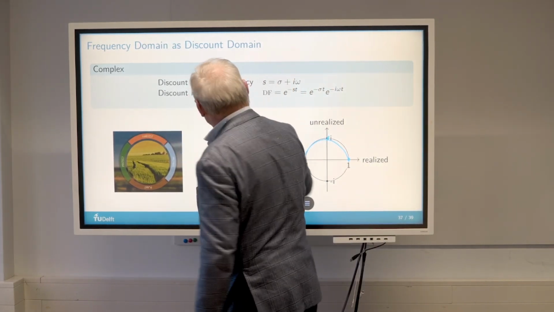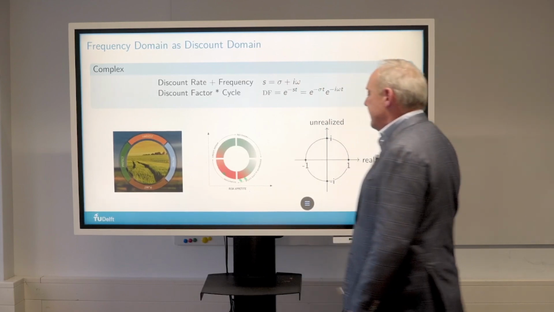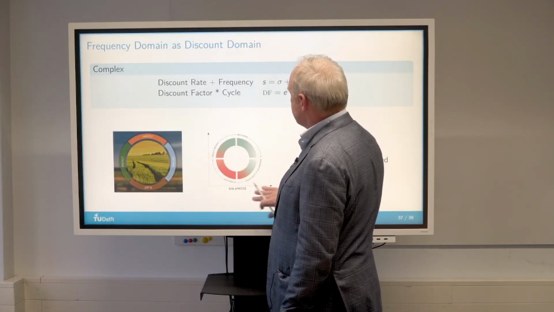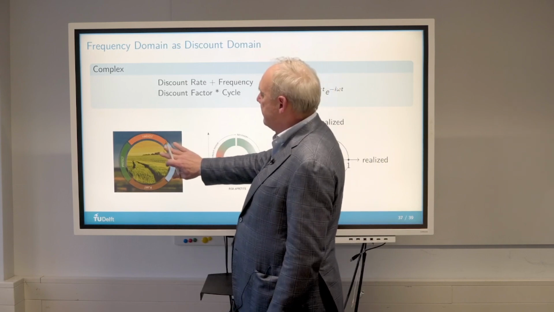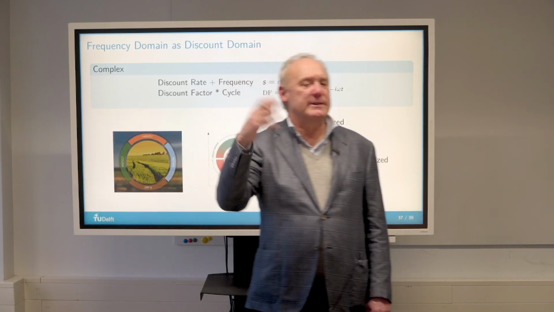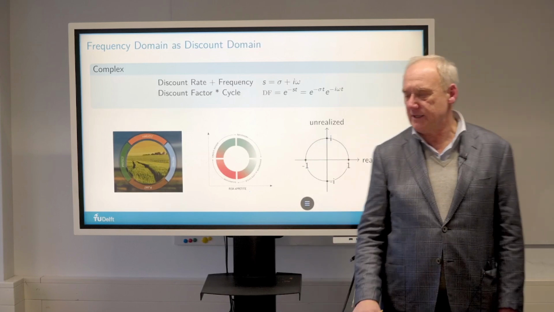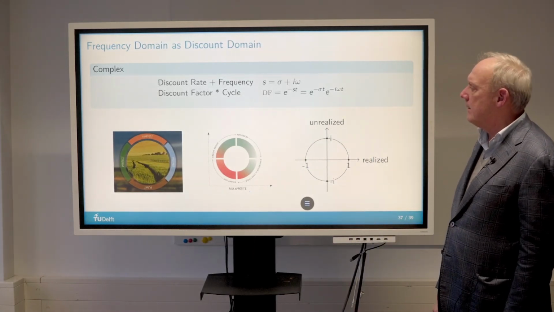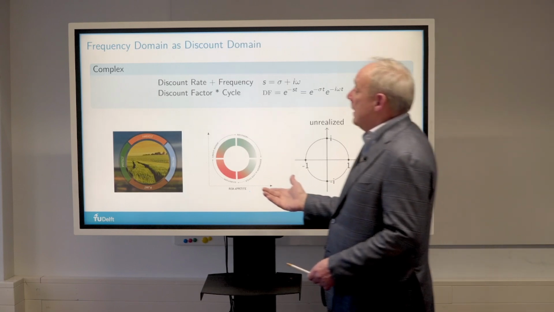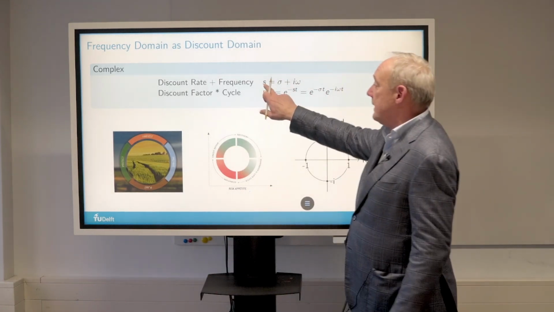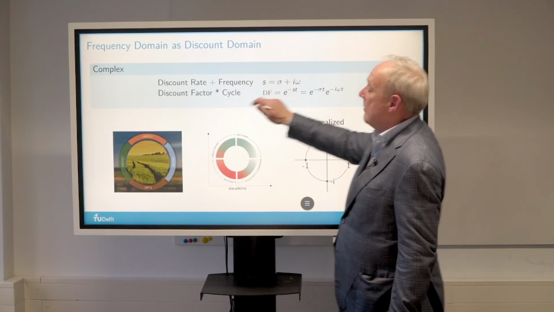So I somehow feel that all this stuff, which we're now saying is hardcore engineering and science, maybe the fit with economics is where it all came from to begin with, because this is the way we've internalized our thinking. So now you can think of this S parameter, this S plane, as consisting of a discount rate.